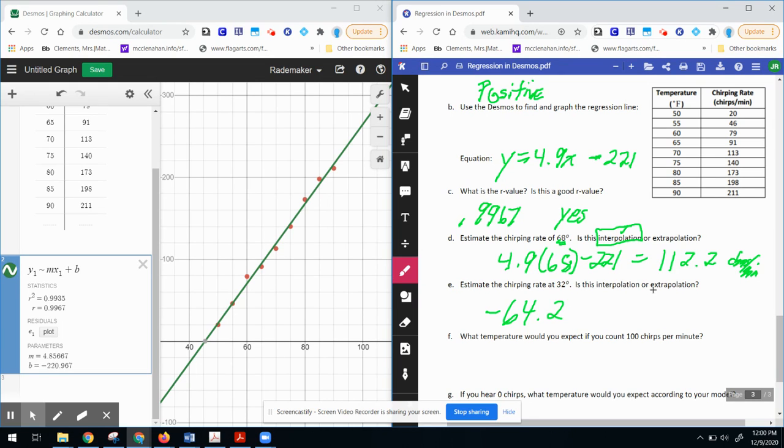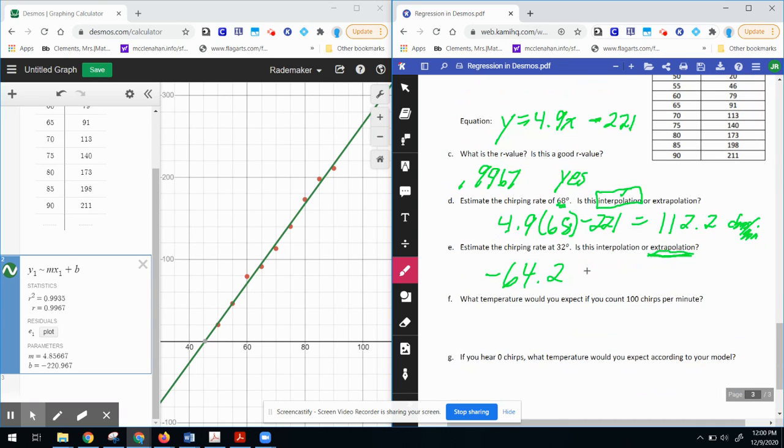Is this interpolation or extrapolation? This one's extrapolation because 32 is outside of our data range, which again was between 50 and 90. That should also be extrapolation because a cricket can't chirp negative 64 chirps per minute. It's impossible. It's outside of the actual values that are possible.